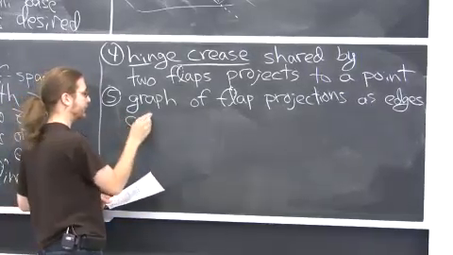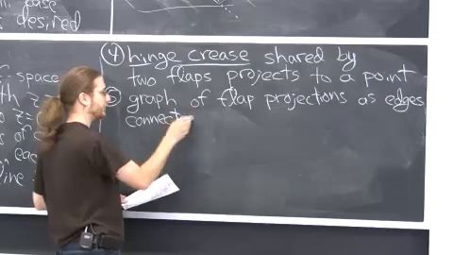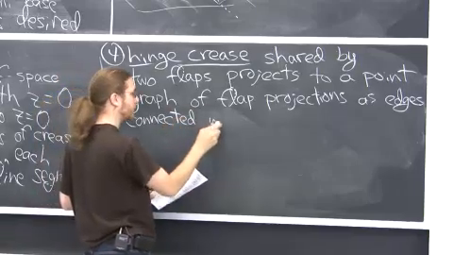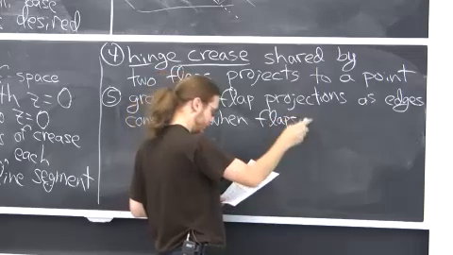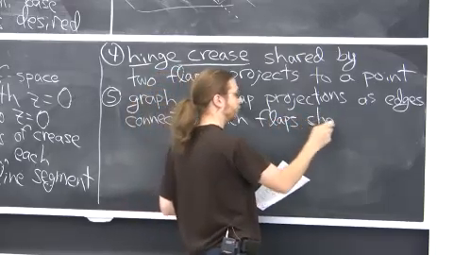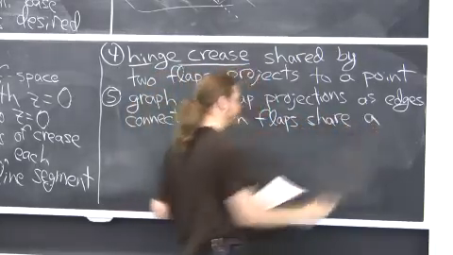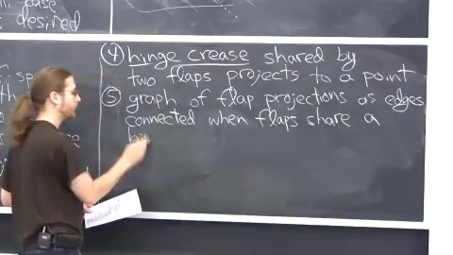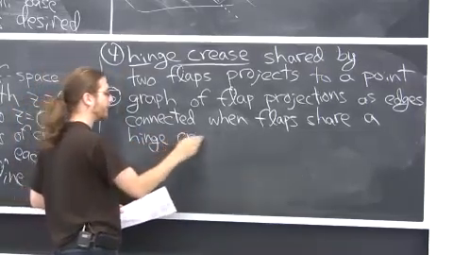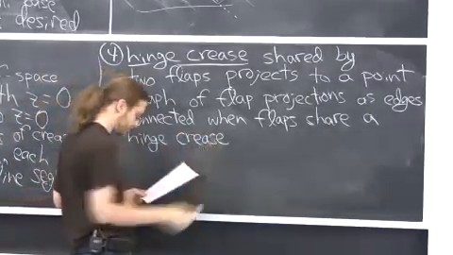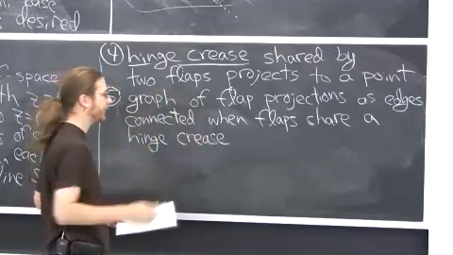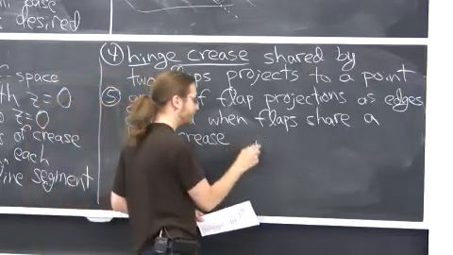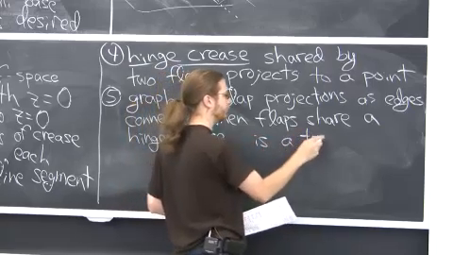And I'm going to connect those edges together at vertices when the flaps share a hinge crease. All right, that's a graph which you can define, and that graph is a tree. That's the constraint.